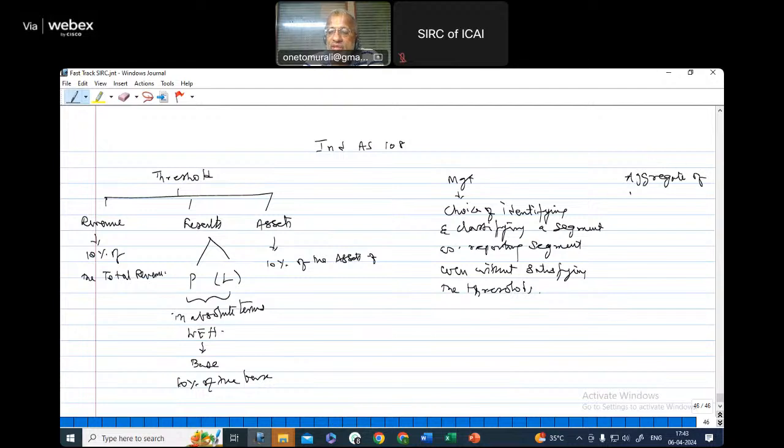Aggregate of revenue of reportable segments shall be greater than or equal to 75% of the enterprise revenue.